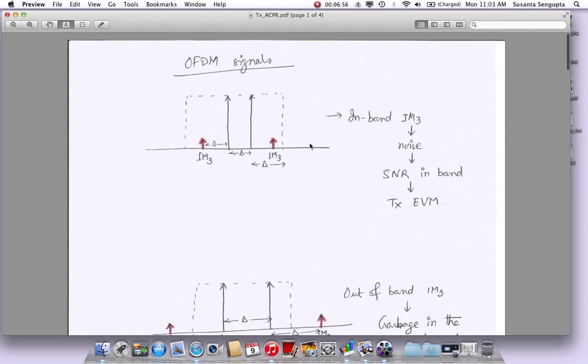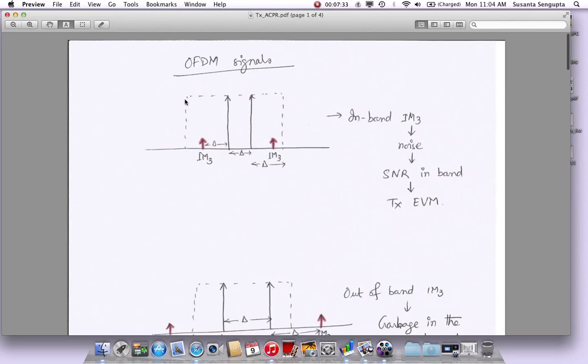If your noise is very low, you will have a very clean picture of stars, very regularly arranged, but otherwise they will be blinking a little bit this way and that way because of noise. Eventually that's how we say how good a transmitter is: when it's transmitting a signal, how much is the noise component in it. Based on that, it determines the EVM of the TX. So these unwanted signals that have now formed in band will determine your SNR.